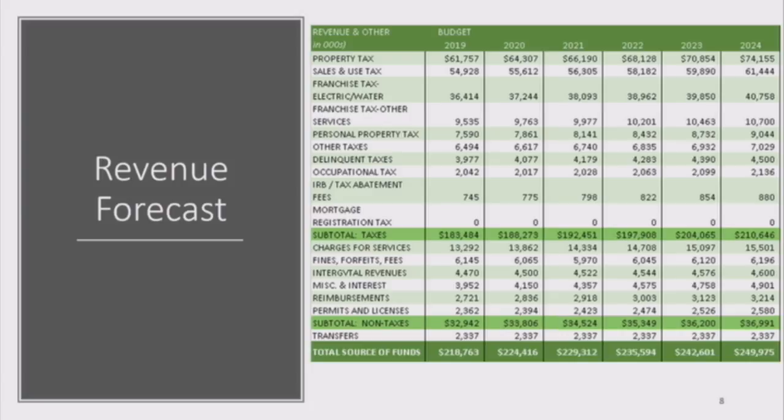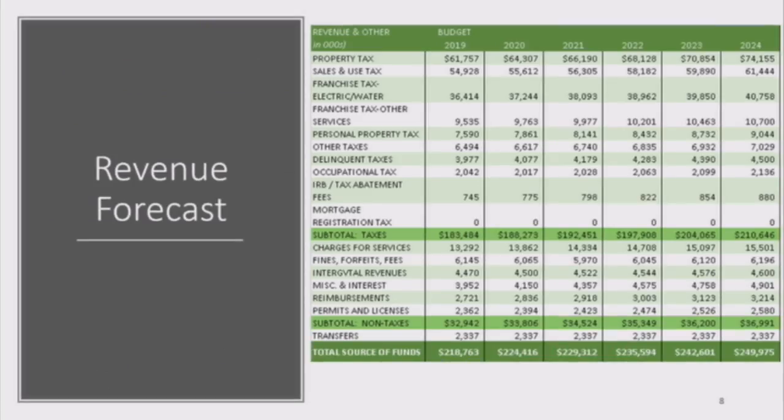Good evening. So this is the revenue forecast showing our budget year of 2019. This is as it was approved. And then we have the forecast for 2020 through 2024. As Kathleen talked about the anticipated recession, the revenue estimates do reflect modest decreases in the 2020 and 2021 growth rates impacted by the anticipated recession.